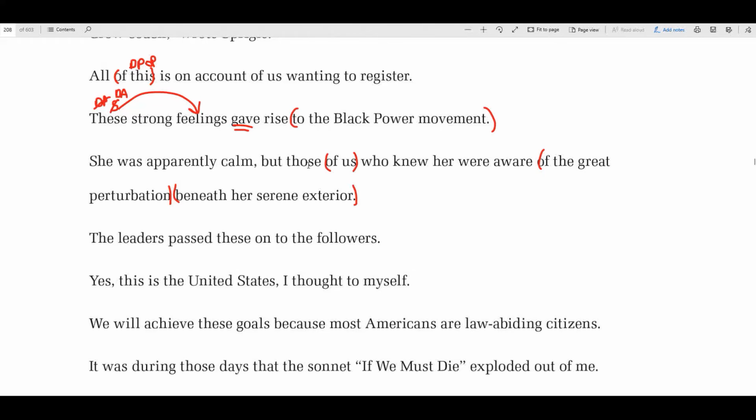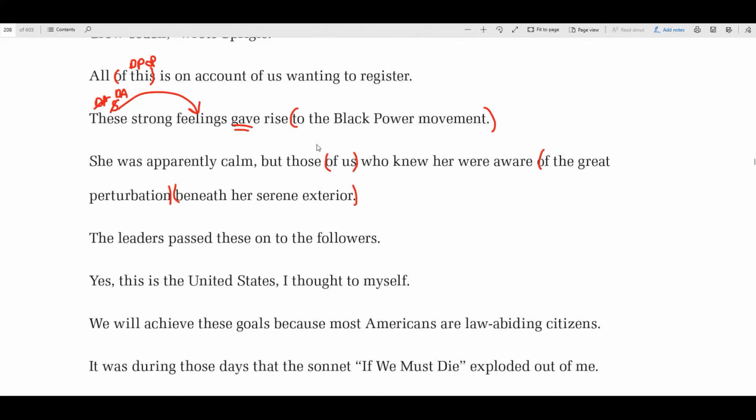She was apparently calm, but those of us, okay, who knew her were aware, or maybe it's were. Okay, I'm not sure what it is. Do y'all know? If you do, write it above there.